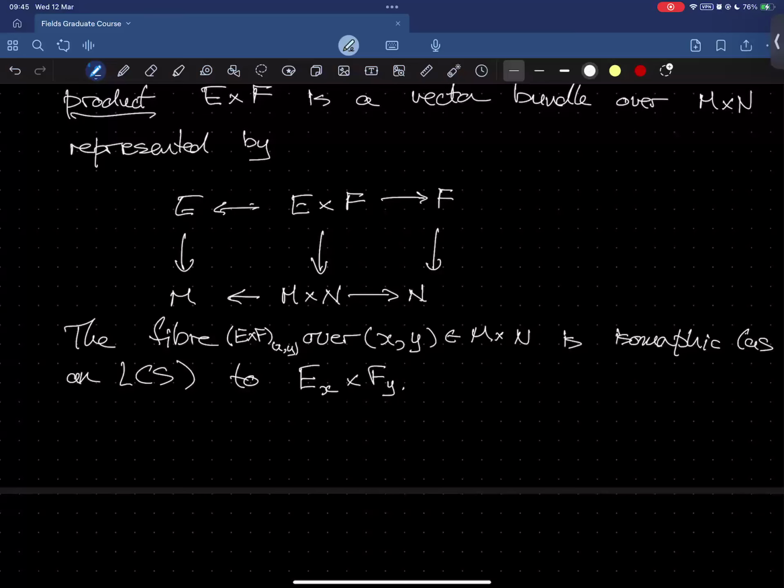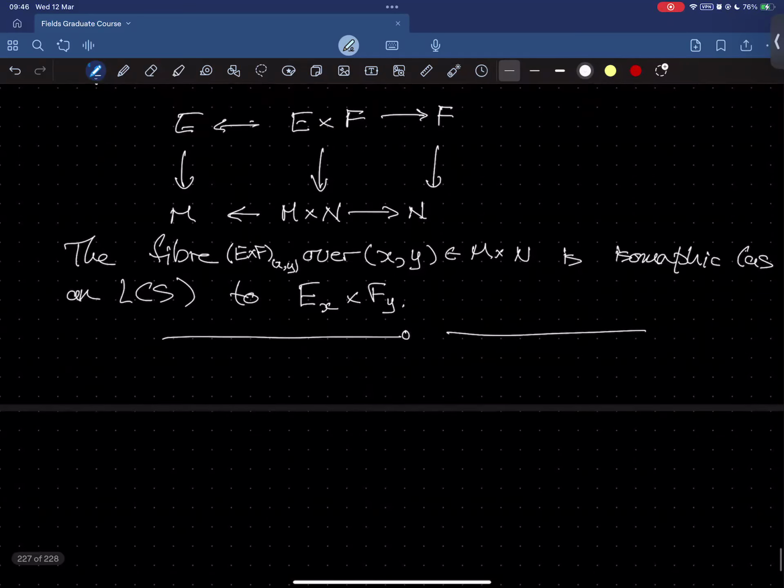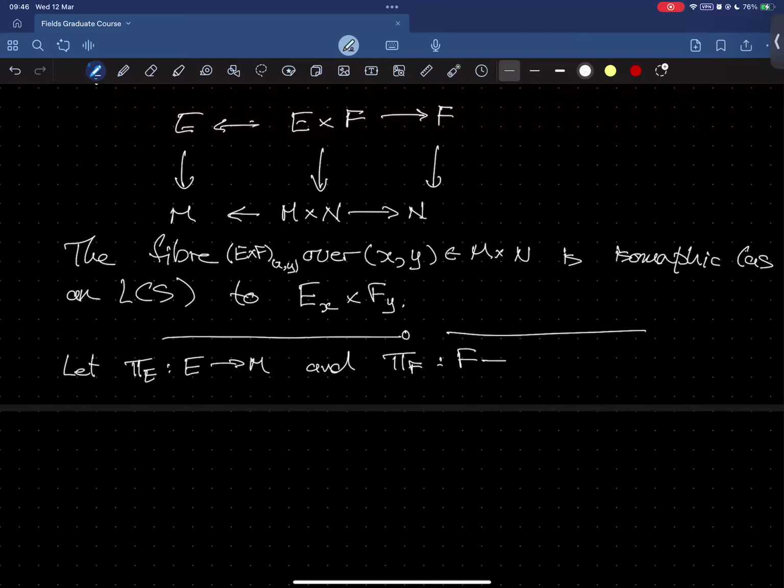All right. Direct sums of vector bundles. Again, let E and F be vector bundles, and now I'm going to consider vector bundles over the same base space.